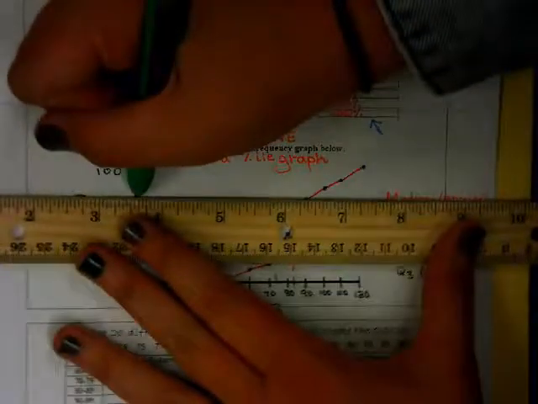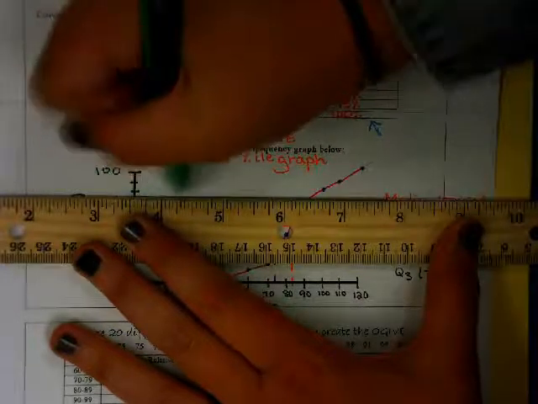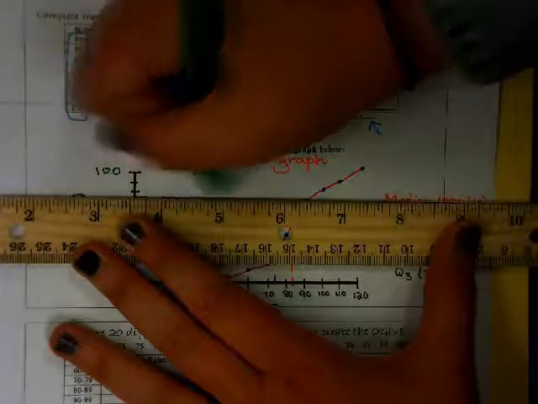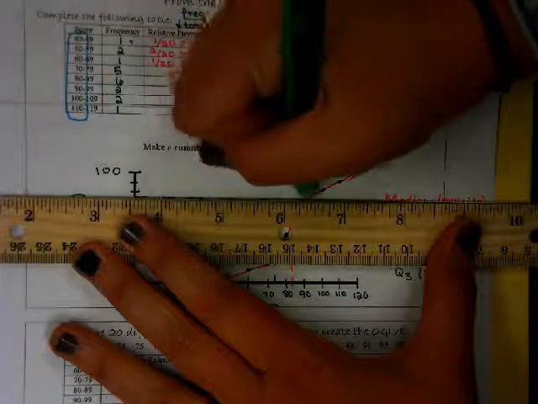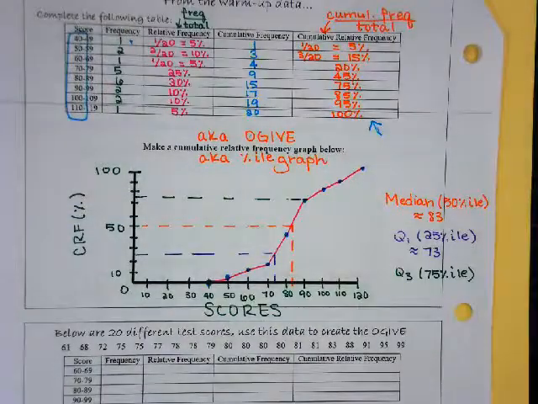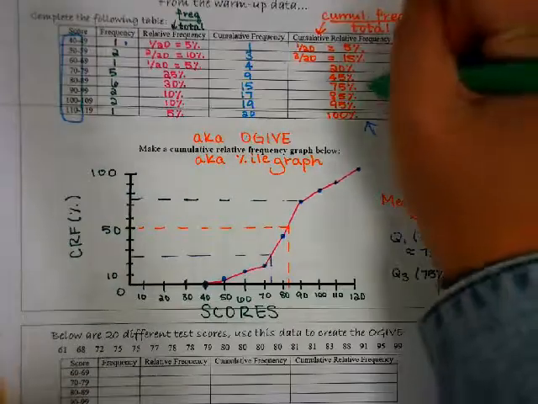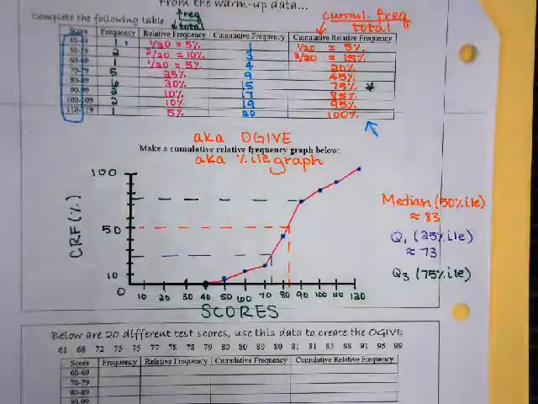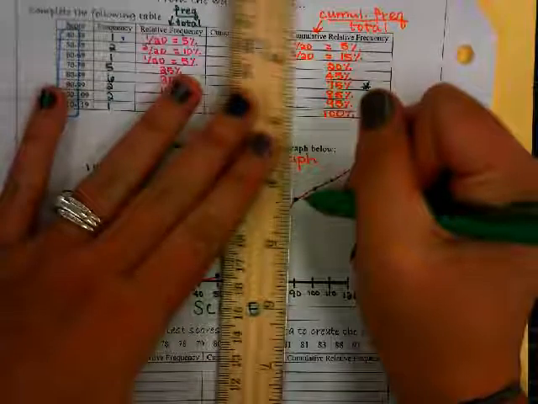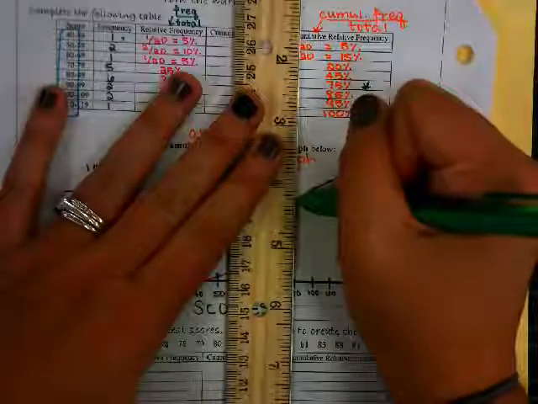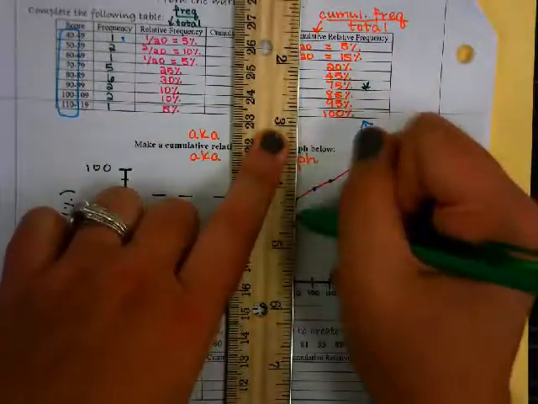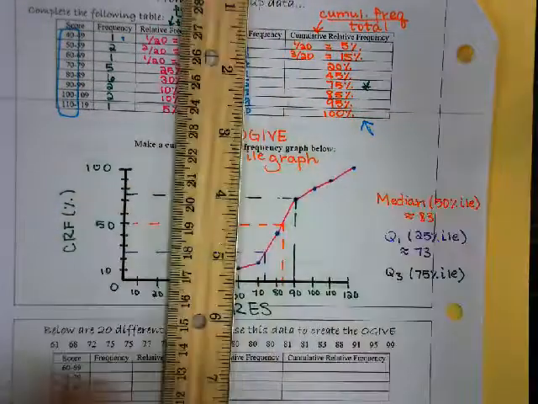I don't think my ruler is straight. Oh, it is pretty straight because the 75th percentile is given in my cumulative relative frequency. And look at that, I ran right into my dot. So our Q3 is about 90.